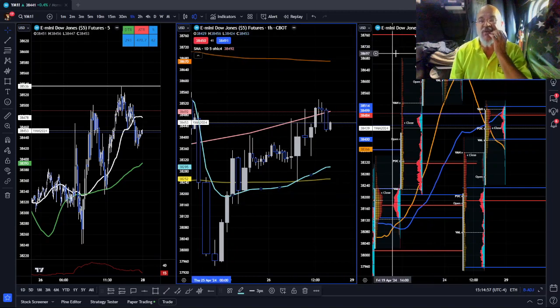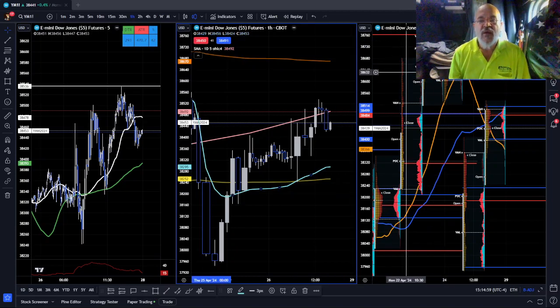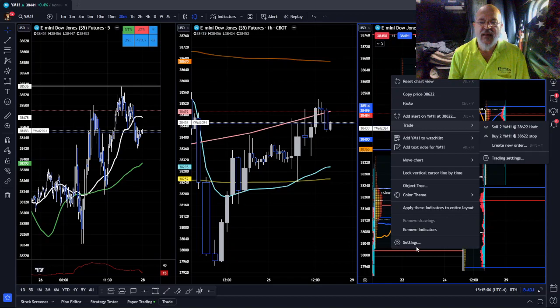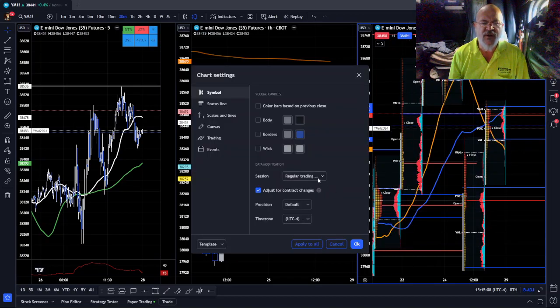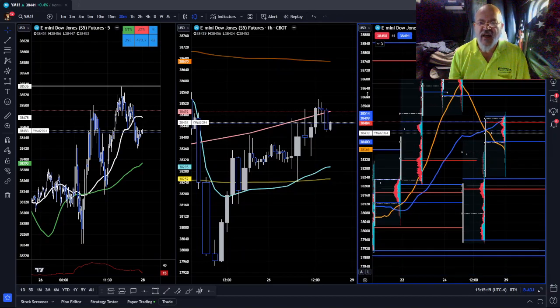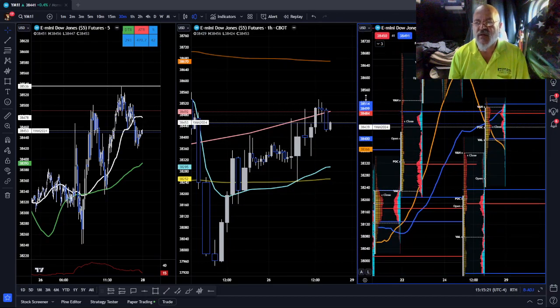All right. Also, point of note on my 30-minute chart with my session VWAPs and my initial balances, I keep this chart on regular trading hours. I only want to know the New York session on this chart. That way I can identify gaps maybe that need to be filled, and so forth.